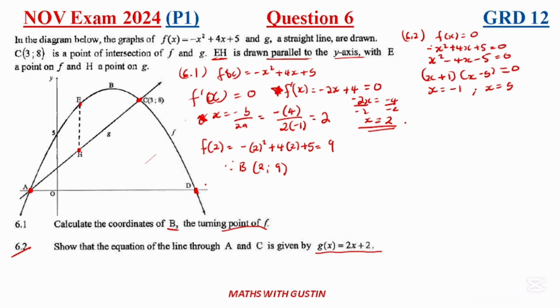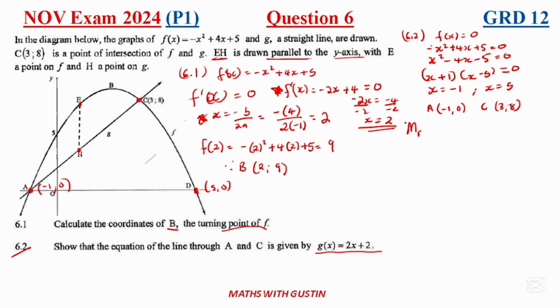So it means 5 is going to be here at D, and here we're going to have (negative 1; 0). Now that you've got two coordinates, you've got the coordinates of A, which is (negative 1; 0), and the coordinates of C, which is (3; 8). Analytical geometry now comes in here.